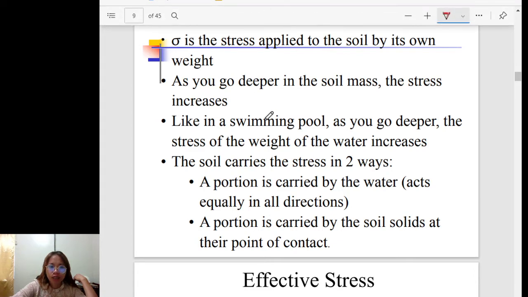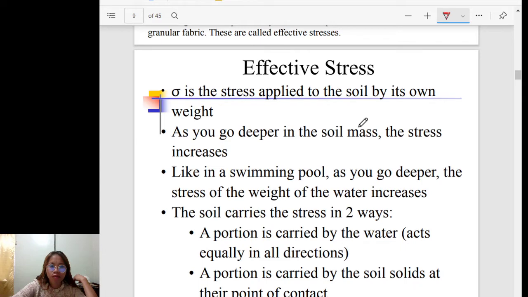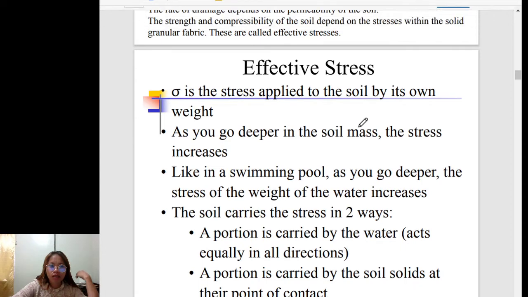So actually, the effective stress is the stress of the soil that has water. Then, when you increase that pressure, the water tends to drain, and what remains is the soil carrying the load. So that is actually the effective stress, no?